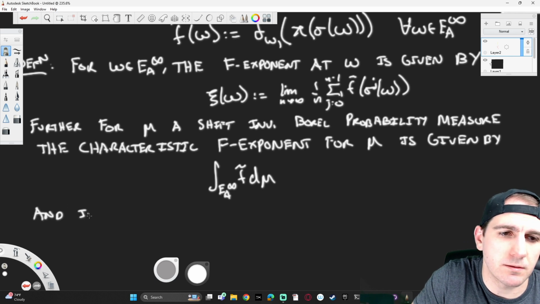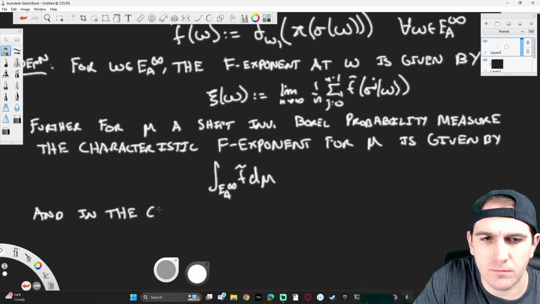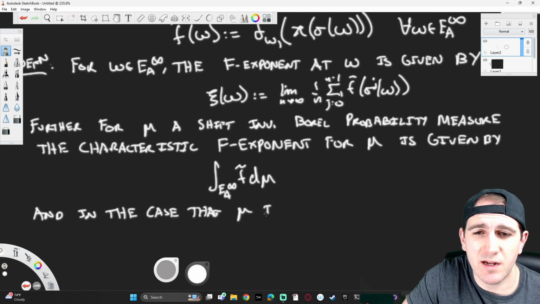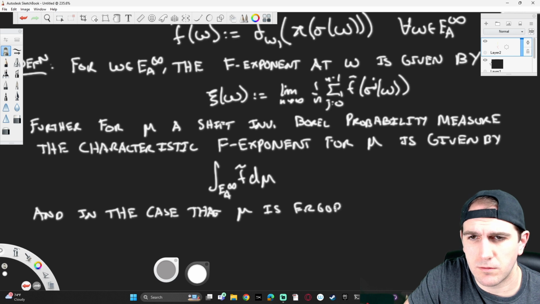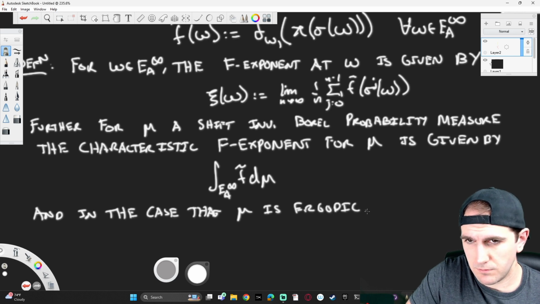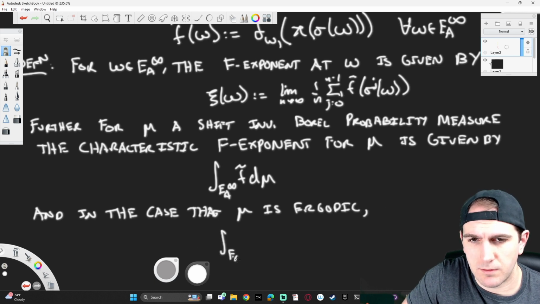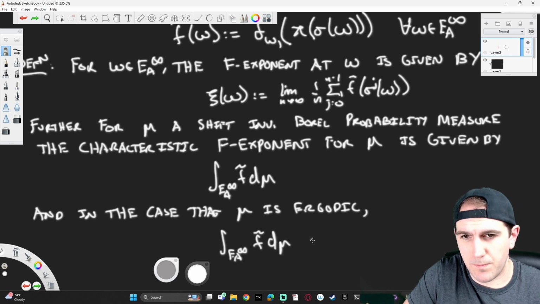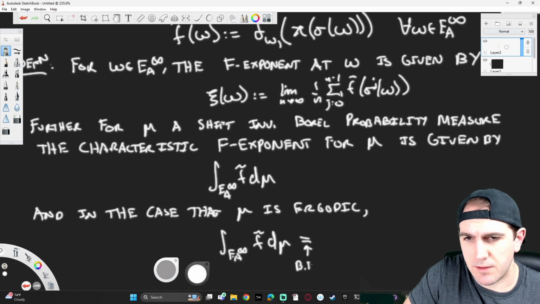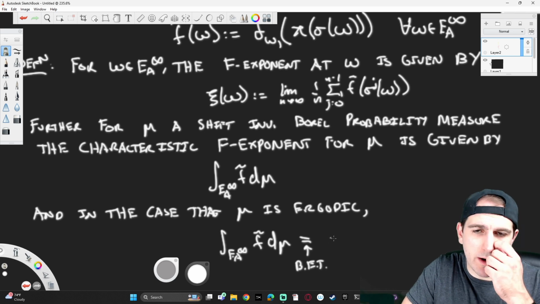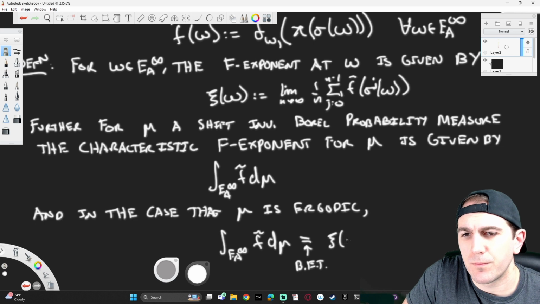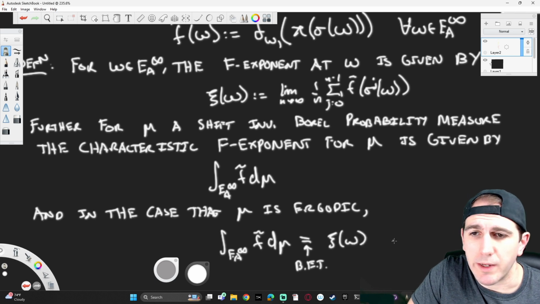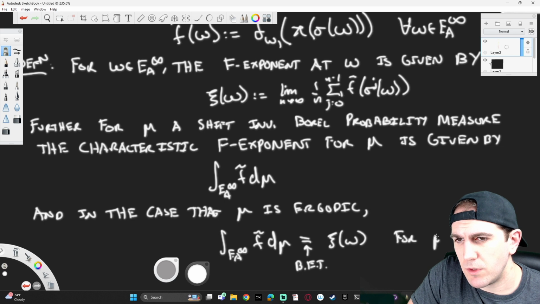And in the case that mu is an ergodic measure, that integral, by Birkhoff's ergodic theorem, will be equal to the F-exponent at a single point for mu-almost every omega within E_A.